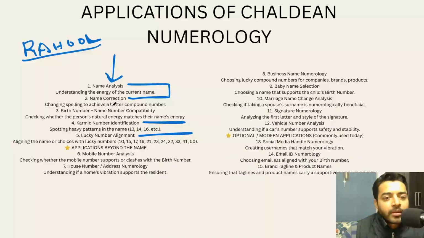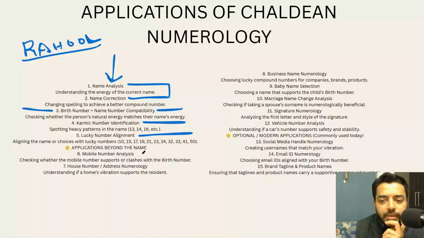Okay, and then you will also do something called birth number plus name number compatibility, meaning your birth number, is it compatible with your name? Your birth number vibration, does it align with your name vibration? So that is something that we will also check.